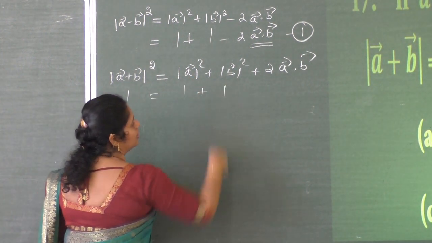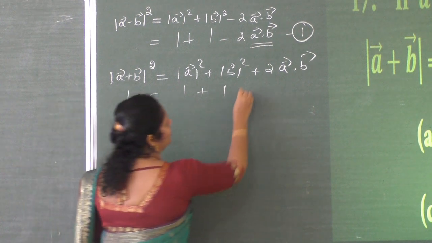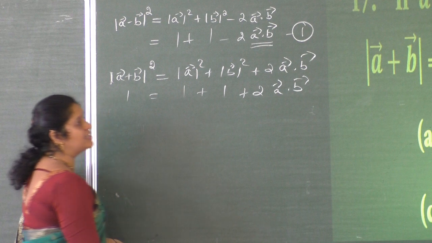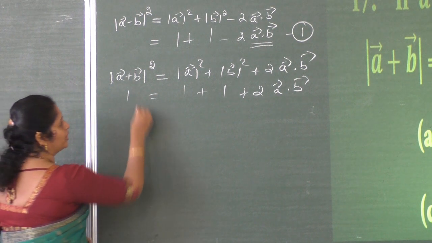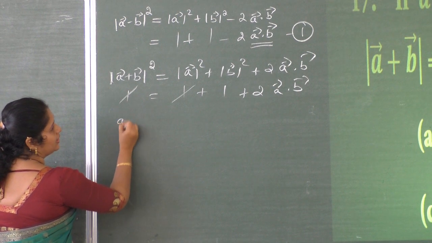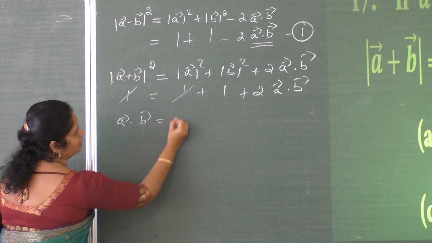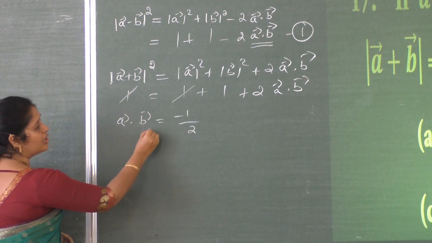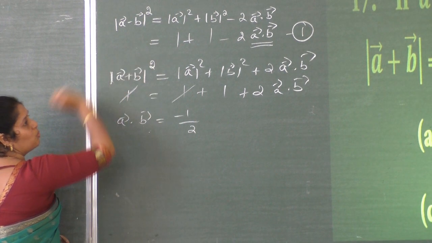Unit vector, 1 plus 2 times vector A dot vector B. So now you will get the value for vector A dot vector B. On cancelling 1 we get vector A dot vector B equal to minus 1 by 2. Now put this value in 1.